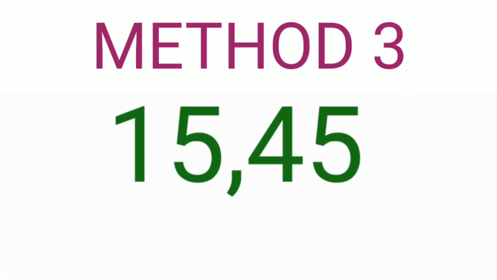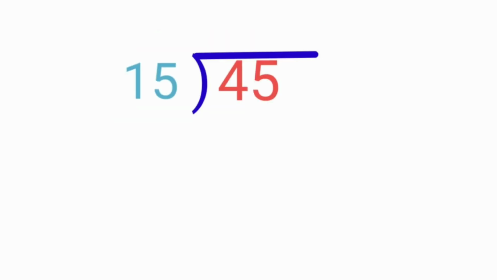Method 3. Take the numbers 15 and 45. Now write the bigger number inside and the smaller number outside. We divide the bigger number by the smaller number. Here we divide 45 by 15. How many 15s are in 45? 3 15s are 45.